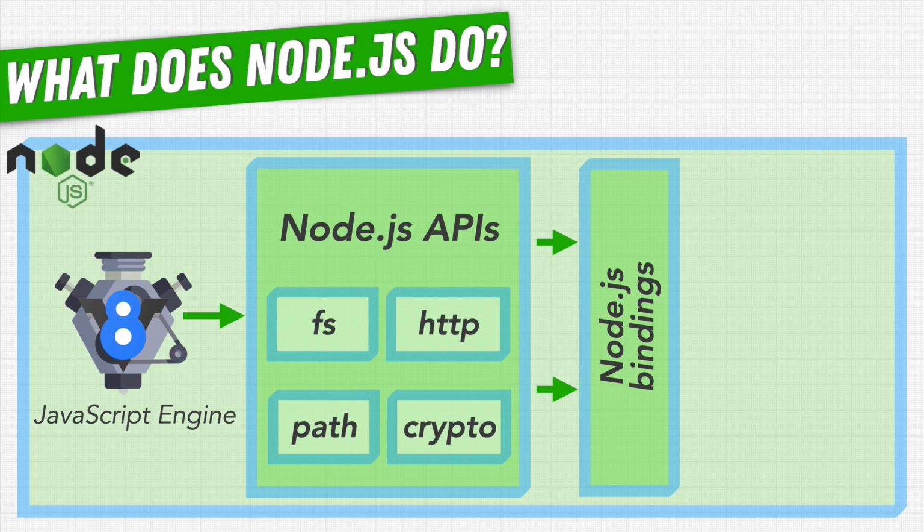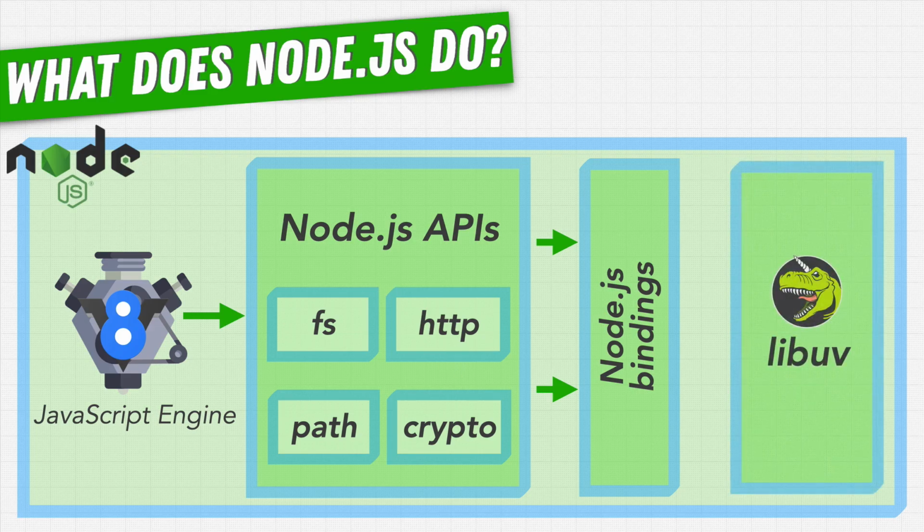Now, the actual implementation of some of this core functionality, like working with files or the HTTP protocol, lives in what we call libuv, with this fantastical creature over here as its logo. libuv and V8 are the two most important internal components of Node.js.